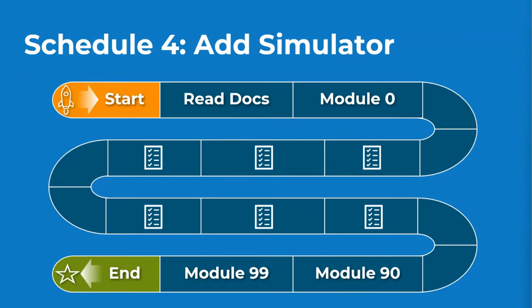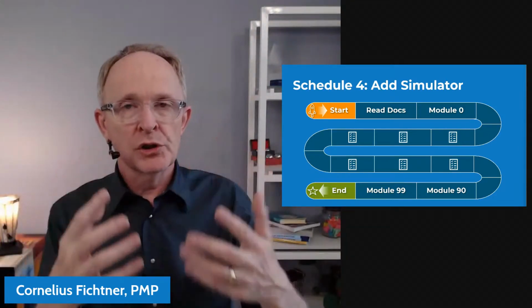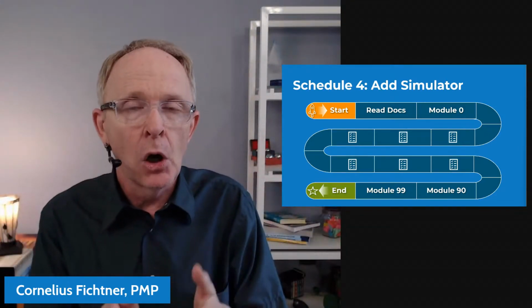So let me give you 2 recommendations about using the simulator. First, after you are done with studying modules 2, 3, and 4, remember those are the domains, right? You are going to want to start taking quizzes on those. So, for example, you have watched all the lessons on domain 1, the people domain, right?